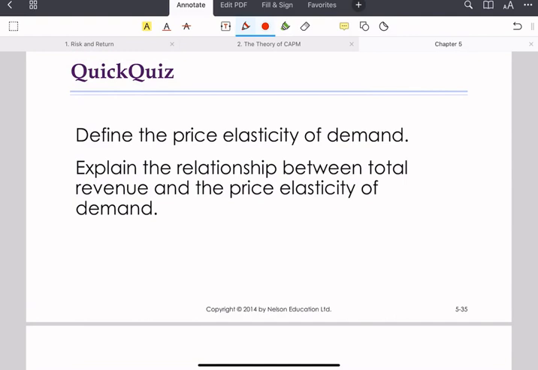If price increases, then total revenue increases if we have inelastic demand, and total revenue decreases if we have elastic demand. That's the basic result here.